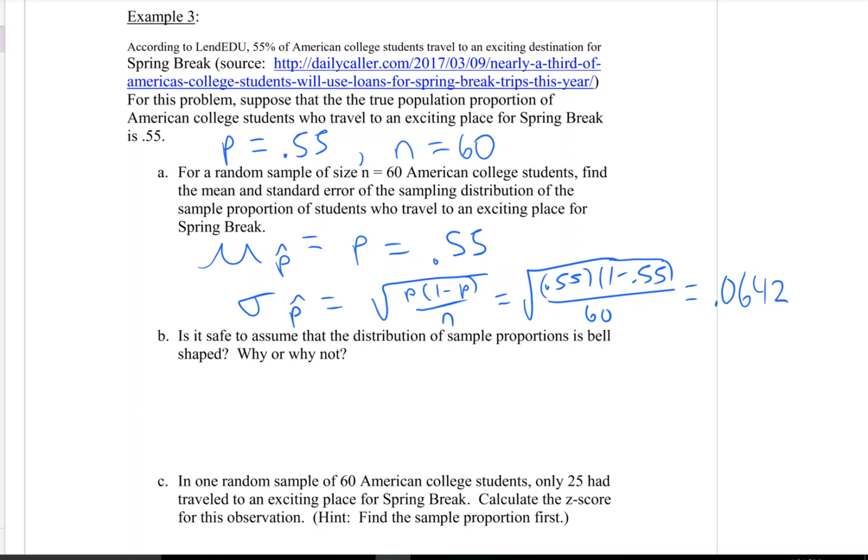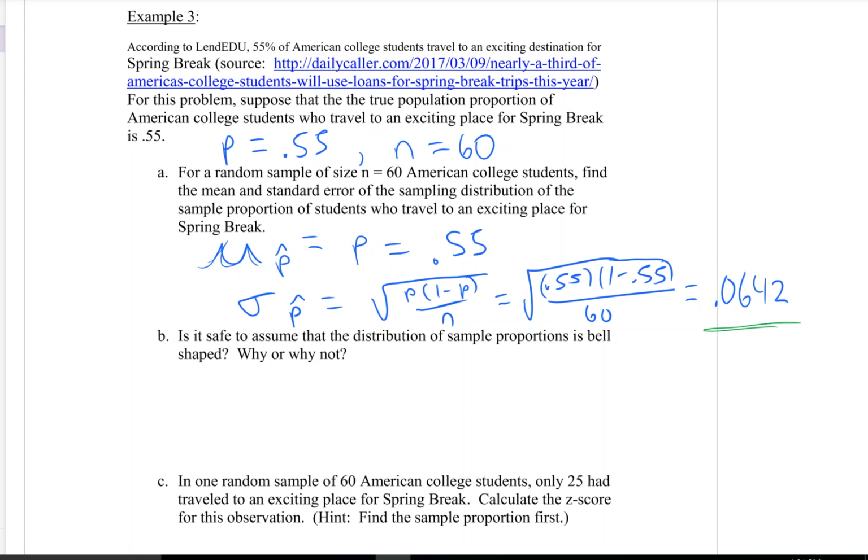And so we said that the mean of sampling distributions is centered at the population proportion itself, and so that's why p equals mu sub p hat, which is 0.55. And then we're saying the proportion in the actual sample is going to vary, and a measure of that variation is 0.0642.